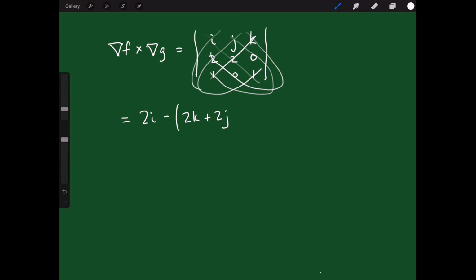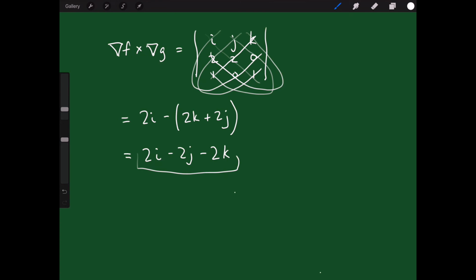And then I get i times 0, which is 0. Okay, so let's write this in the correct order. So I get 2i minus 2j minus 2k. And this would be a normal vector to that ellipse.